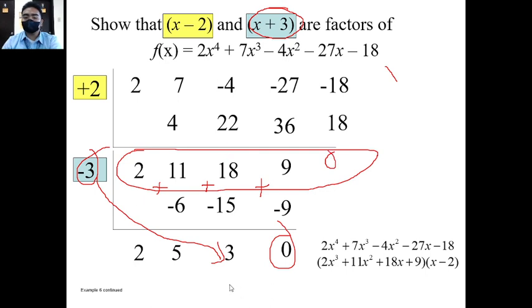So, from the definition that we have in the factor theorem, if your f of k is equal to 0, then your binomial or the divisor that you are using is a factor of your f of x. That is what the factor theorem is.